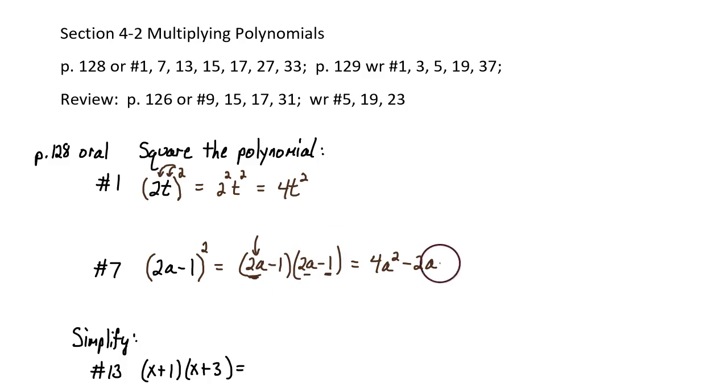Negative 1 times 2a is negative 2a. Negative 1 times negative 1 is positive 1. This term and this term are like terms and will combine. So the final answer is 4a squared minus 4a plus 1.